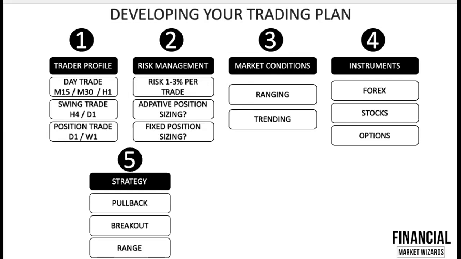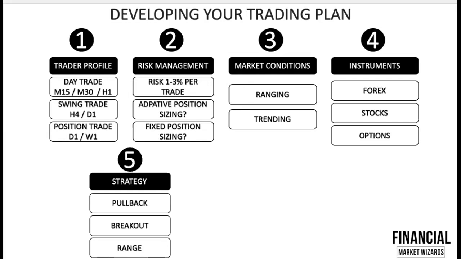Step number 5 involves a strategy. Strategy is very similar to market condition. Once you define a market condition, your market condition will determine your strategy. If your trading plan involves trading the trending market, then ideally you'll be looking at pullbacks to support, or retracement.